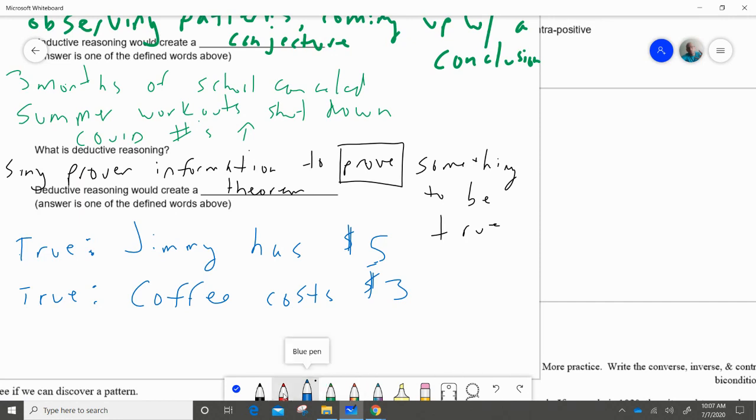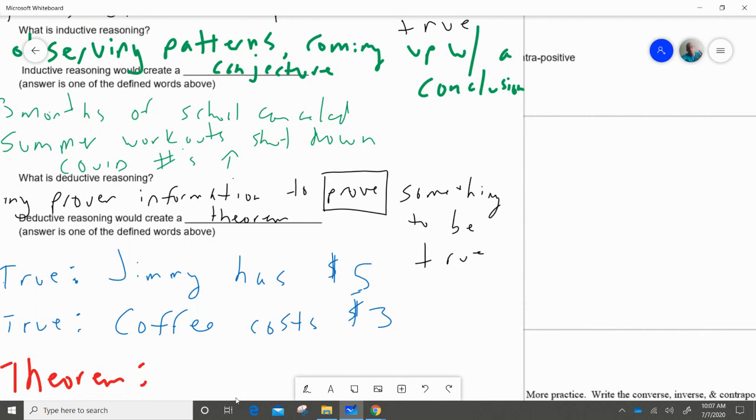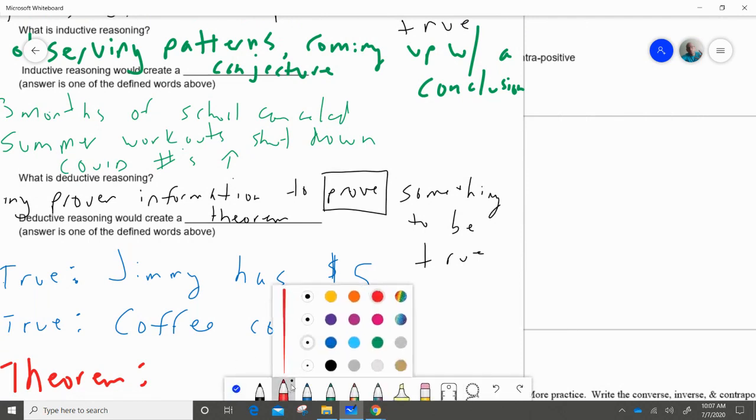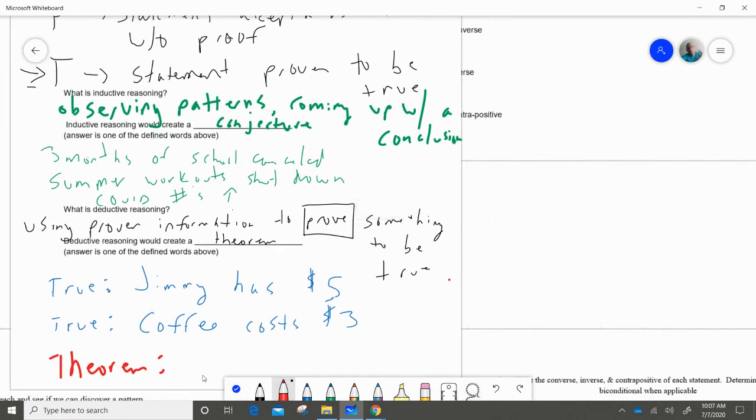So our theorem, again, a theorem, we're going to use the information that we have to make another thing. So if Jimmy has $5 and coffee costs $3, what we can prove is that Jimmy can buy a cup of coffee.